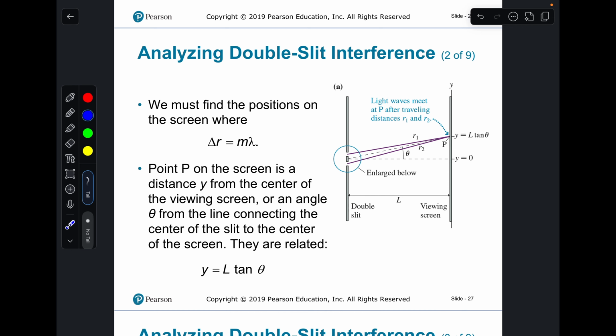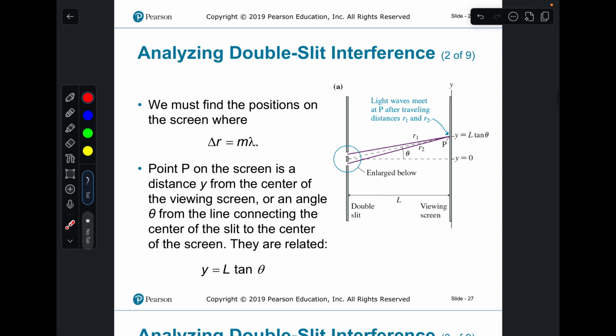And you'll notice that if we were to trace a line from the center of the two slits to y, we would be at an angle theta above that horizontal y equals 0 line. We can use that right triangle to find a relationship between the y position, which is the location of the constructive interference, and the angle theta and the distance L between the slits.